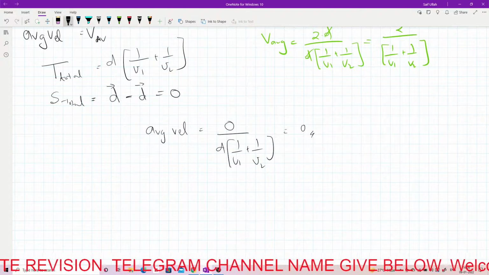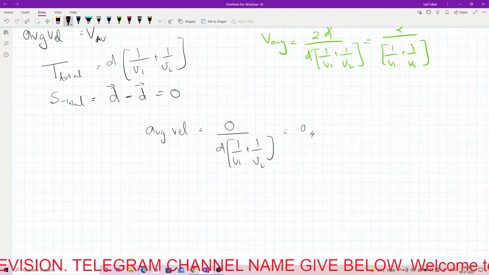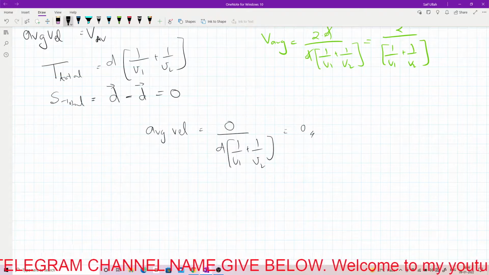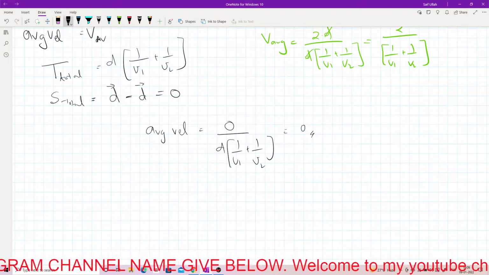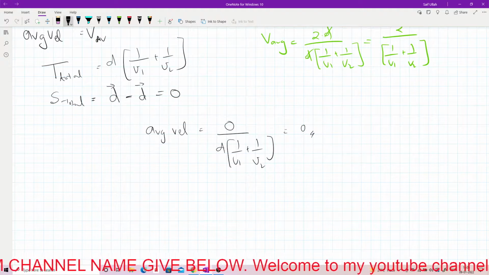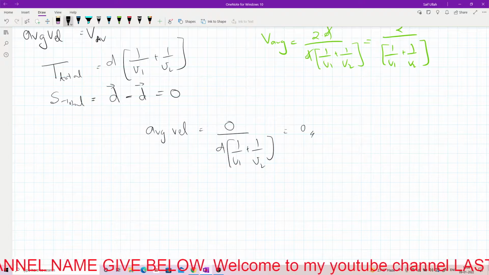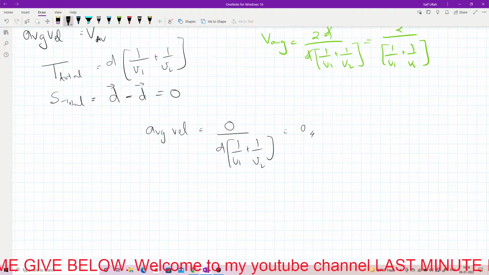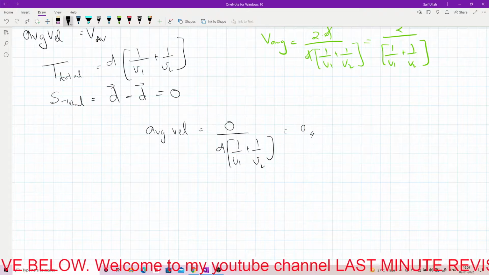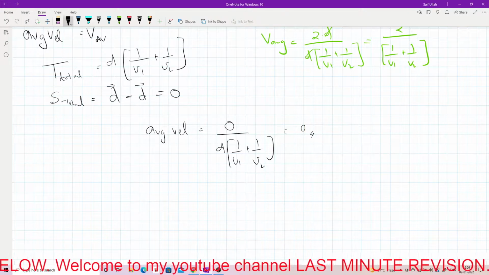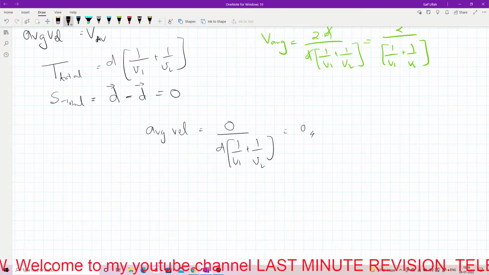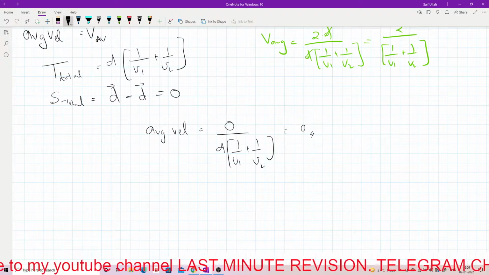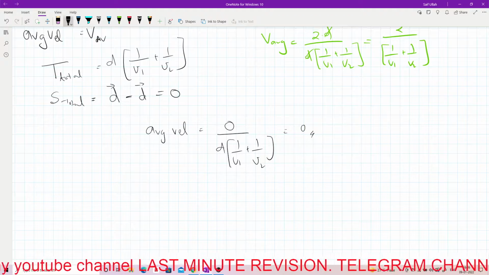So just try to remember, for distance we should consider magnitude, whereas for displacement we should consider direction. Okay, let's move on to the next topic, in which we will find the distance and displacement in different scenarios.